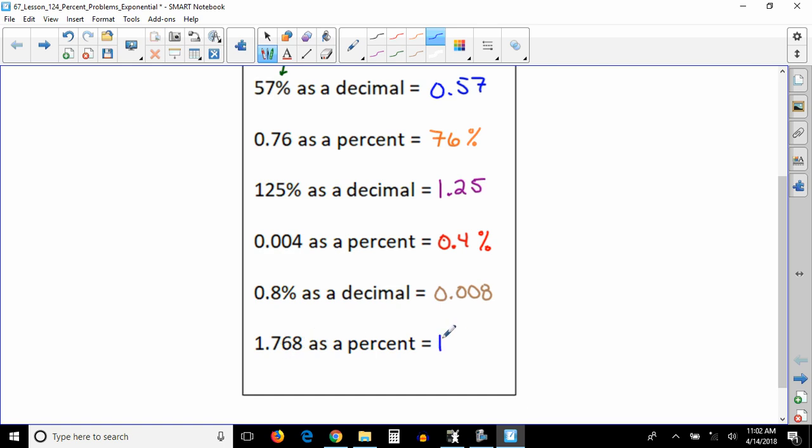So this is actually 176.8 percent. And if your ending is a percent, I would tell you to write the percent sign. If your ending is a decimal, you don't have to. So it's one of those things where you pay attention to where that decimal is. Okay.